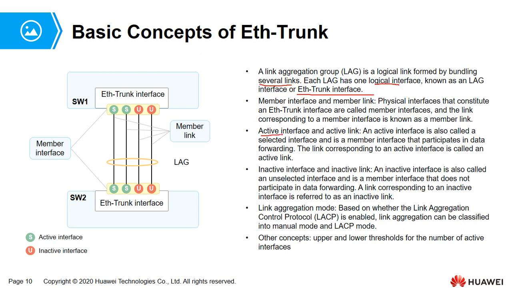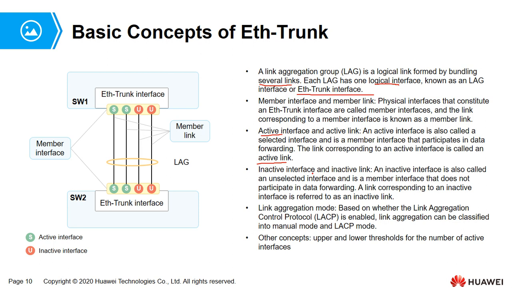Active interface and active link. An active interface is also called a selected interface and is a member interface that participates in data forwarding. The link corresponding to an active interface is called an active link.